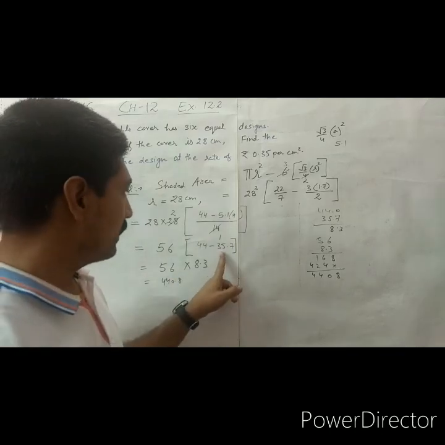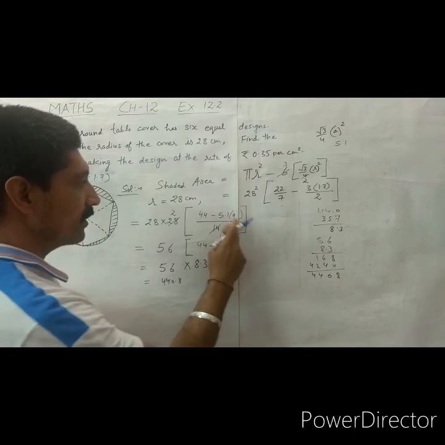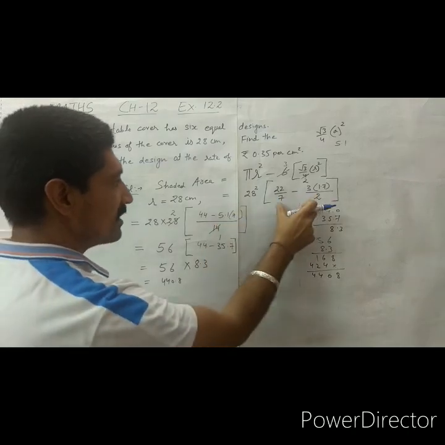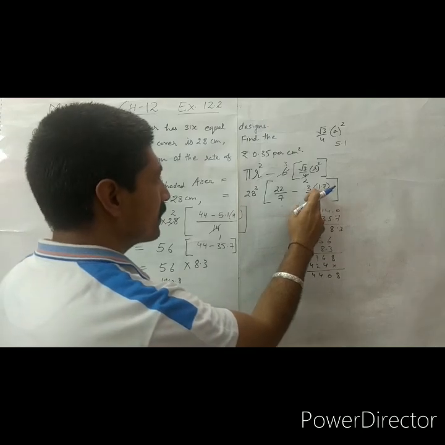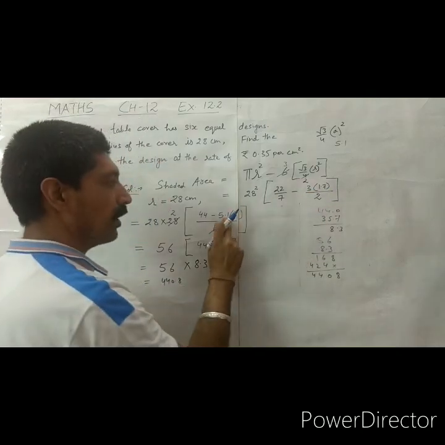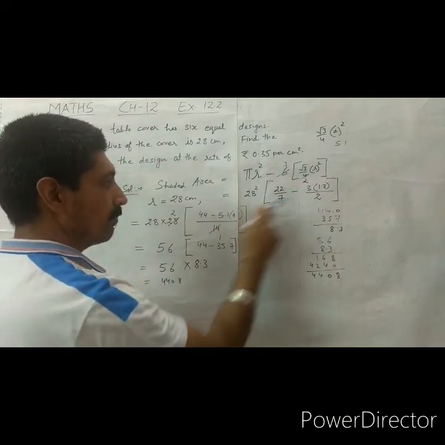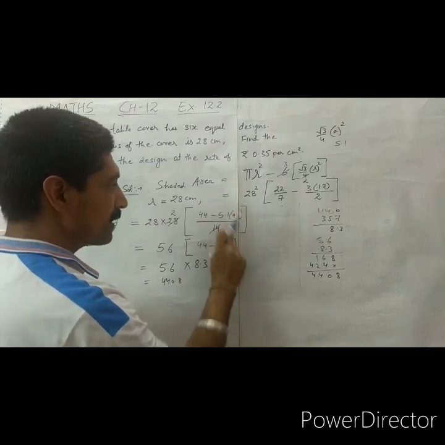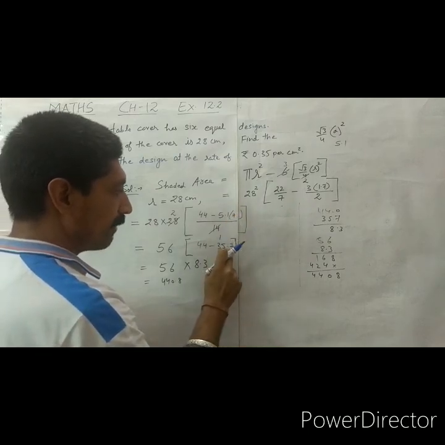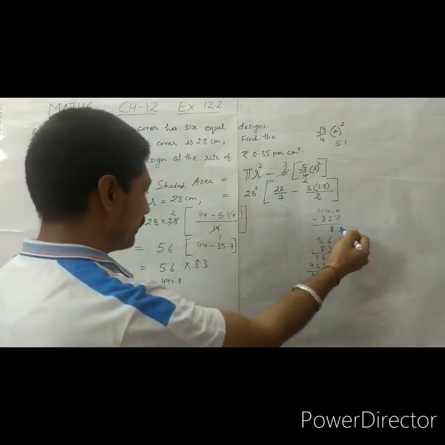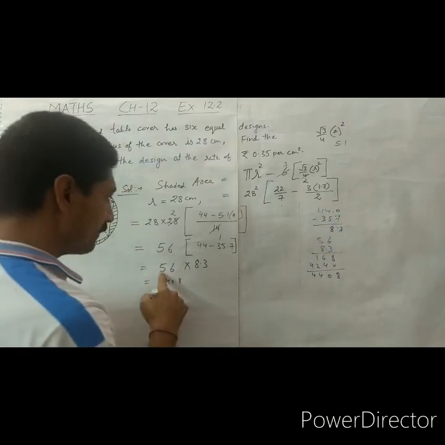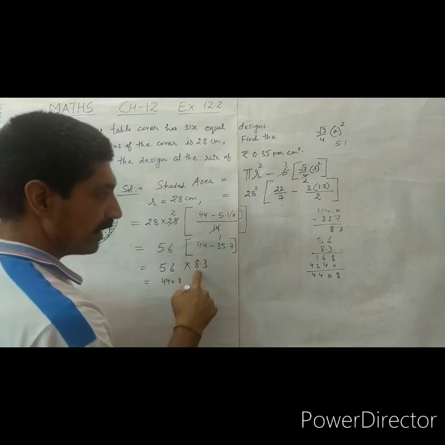So here, let's again check. We have LCM as 14, 44 minus 17, 3s are 51. So when we multiply with 7 here, 35.7, and after subtraction we got 8.3, 56 into 8.3.